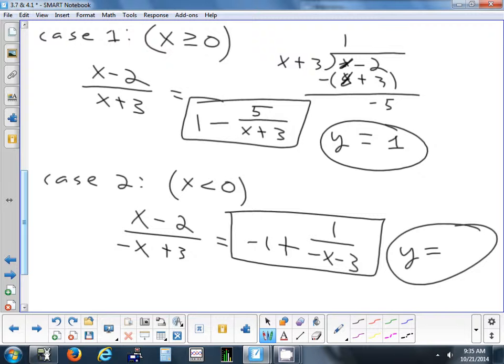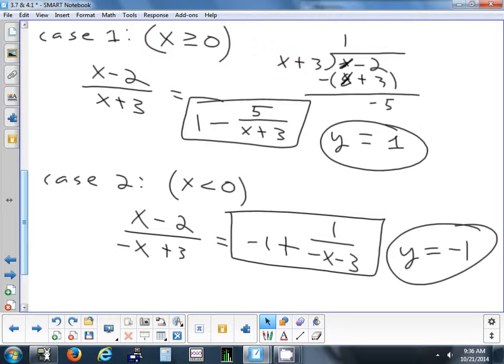You're still going to be positive, right? Negative 1,000,000 is 1,000,000. Take away 3 is just a number a little less than 1,000,000. And 1 divided by something a little less than 1,000,000 is a pretty small number. And if you take -1 and add something that's really small, what do you get? Just about -1. So that's your asymptote.